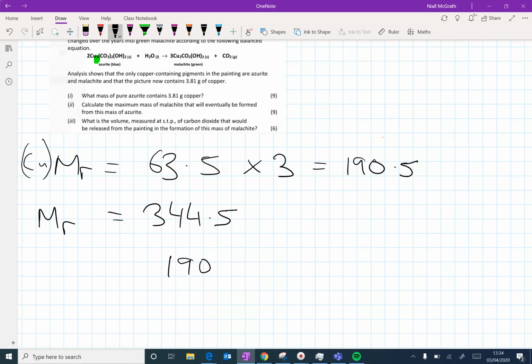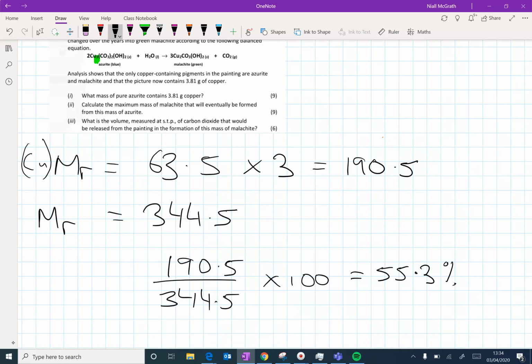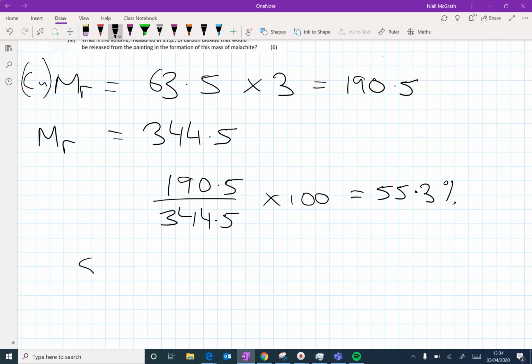We want 190.5 over 344.5 and multiply it by 100. That gives you a percentage of 55.3%. So 55.3% is copper.